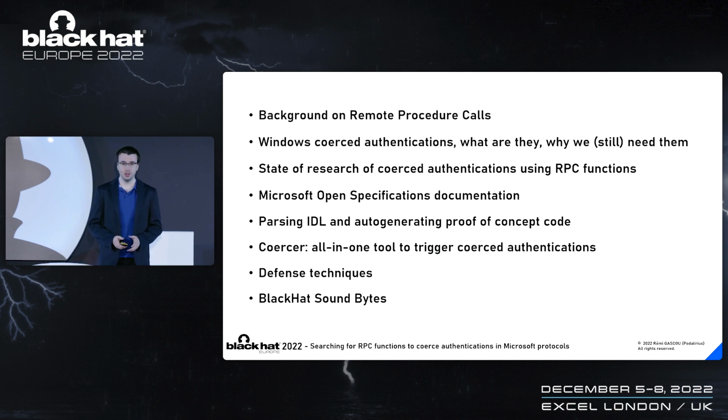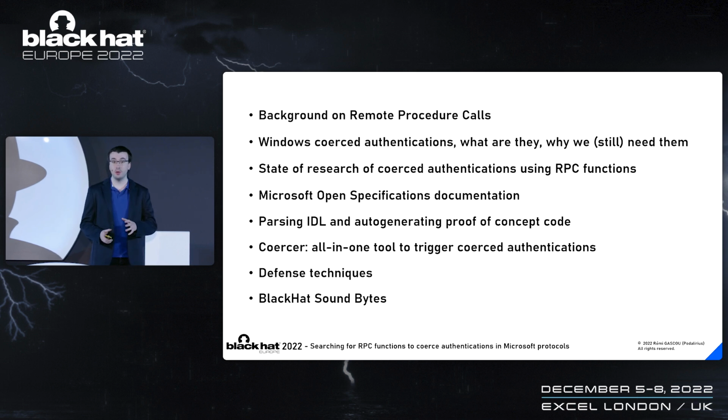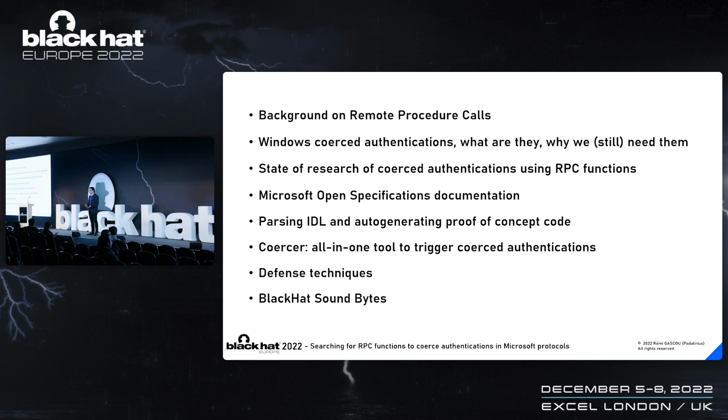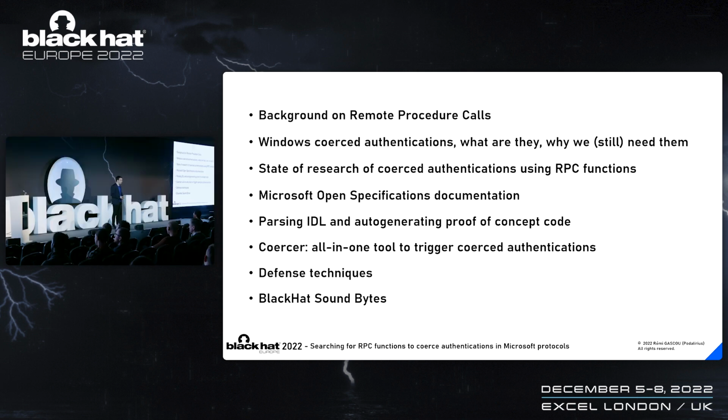In this 30-minute session, we are going to go through a background on what is RPC and why we are going to need it, what are Windows coerced authentications, even though they are still not patched in all of the functions in Windows, we are still needing them in offensive security.